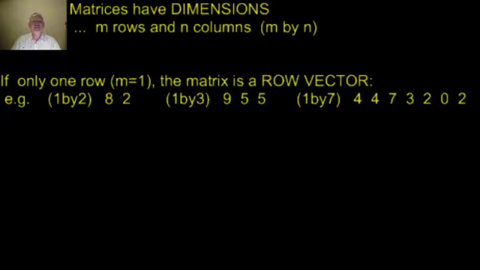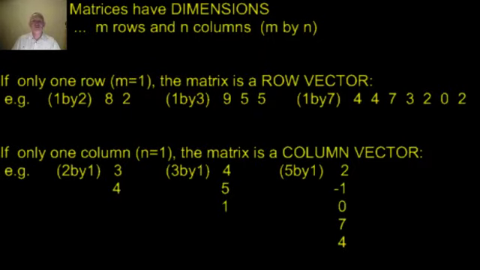The next thing to look at is if the matrix has only one row, where m is equal to 1. When one of its dimensions is equal to 1, we talk about it being a row vector. A vector is just a matrix where one of its dimensions is equal to 1. If it's the row that's equal to 1, we call it a row vector, and if it was the column that was equal to 1, we'd call it a column vector.